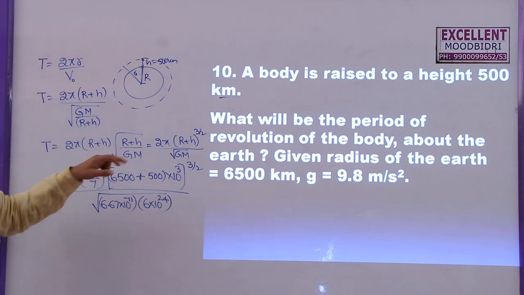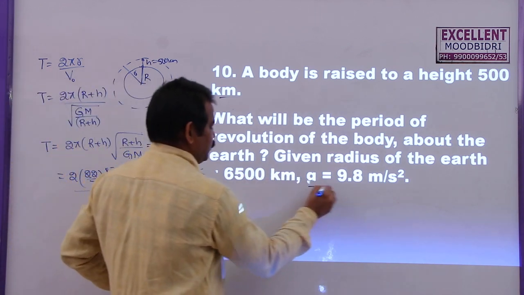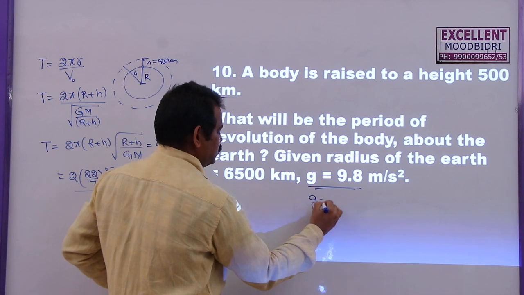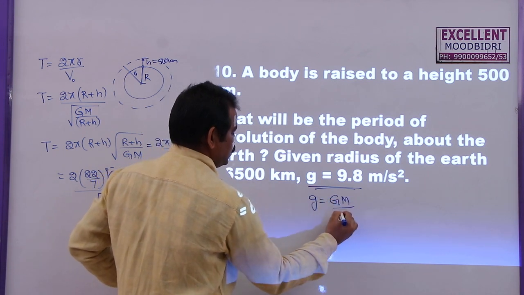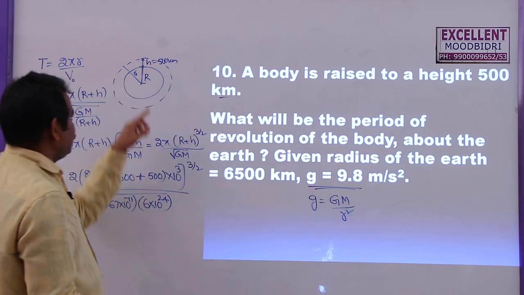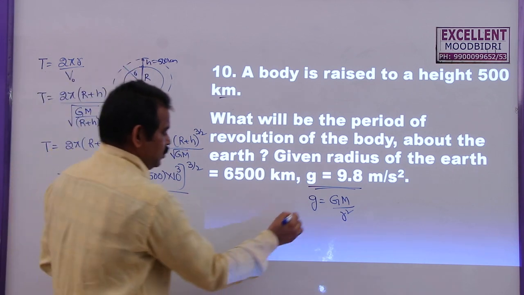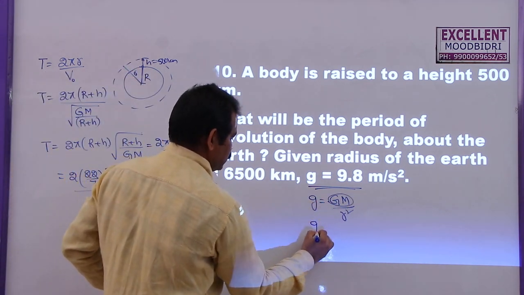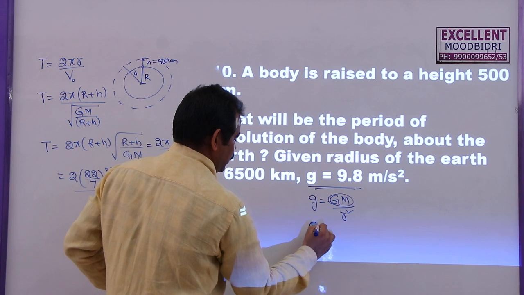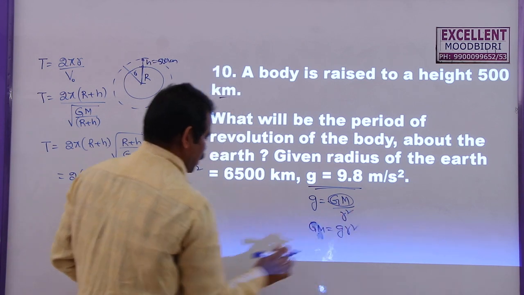But in this problem, instead of capital G and capital M, they have given small g. We know small g is equal to capital GM by r square at a height. So now in place of GM you can write small g into r square also.